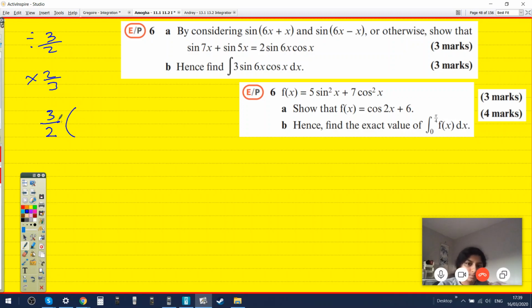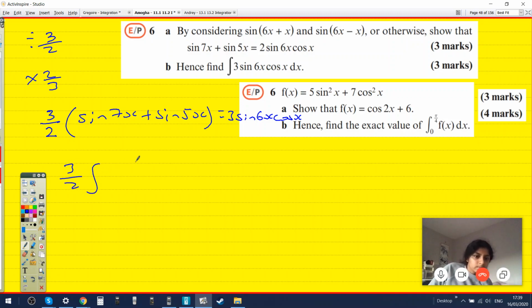Hang on. So 3/2 sine 7x plus sine 5x. So that's equal to 3 sine 6x cos x. Is that right? You would divide both sides by 2 and then times both sides by 3. Yes. And so it would be 3/2 on the outside.